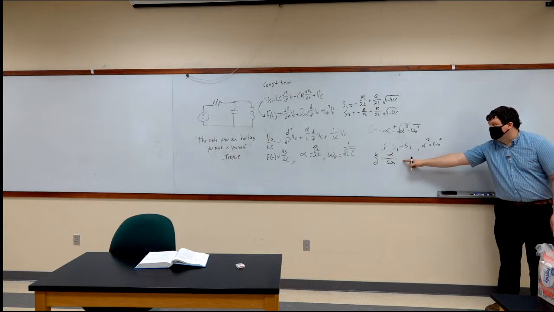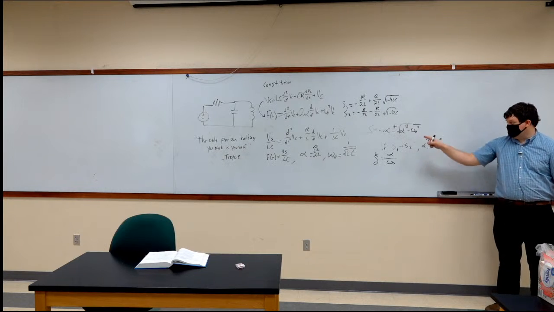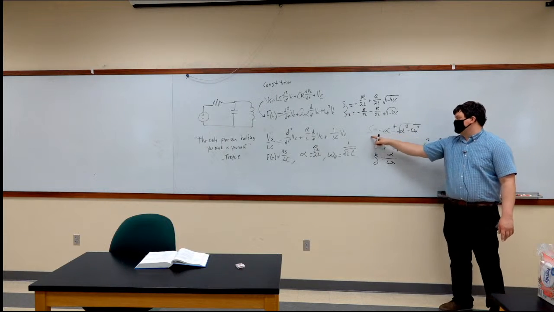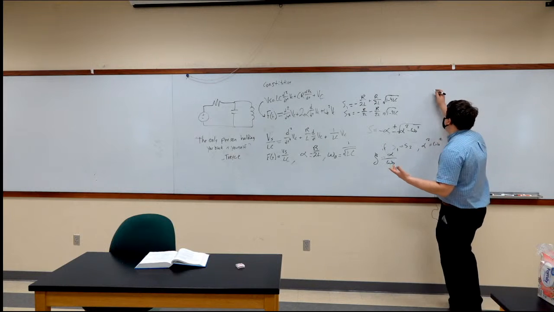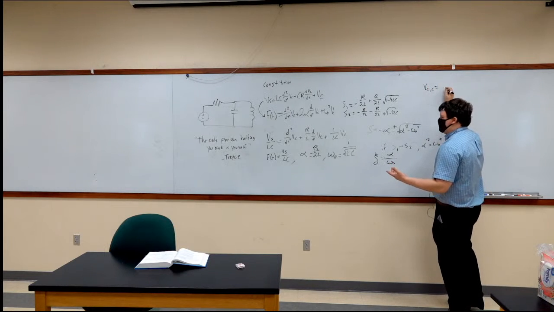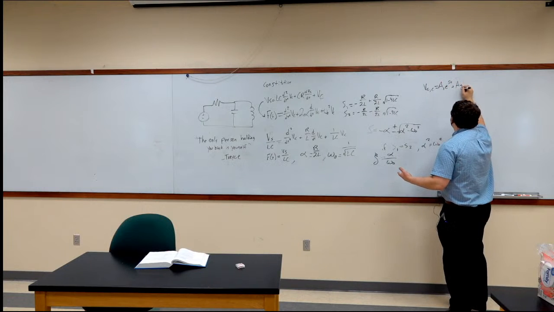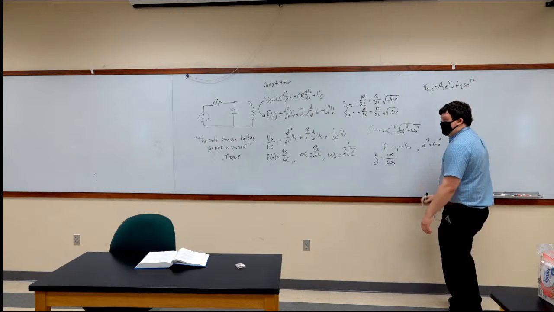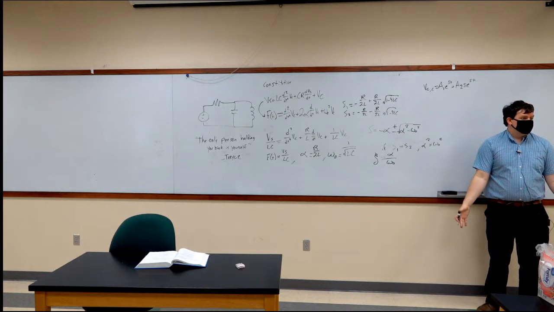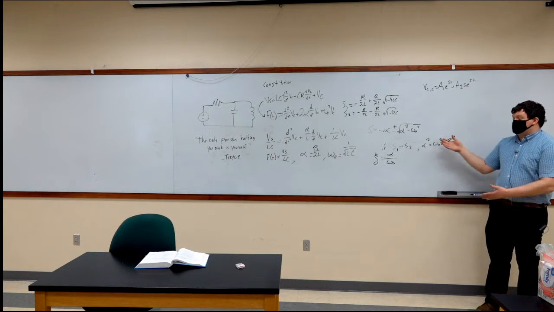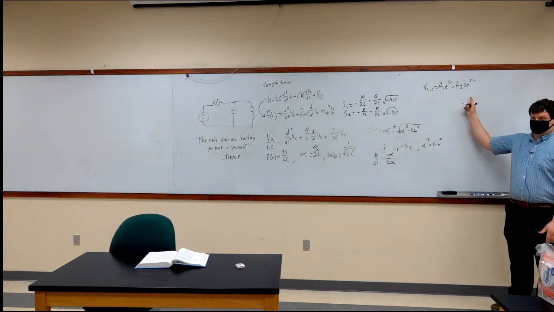If zeta is equal to 1, this blows up because it equals the square root of 0, and then S is equal to negative alpha, and your estimate solution for Vc is going to actually have to be A1 e to the st plus A2 t e to the st. Just because we have to have two solutions. And if S1 equals S2, we don't have two solutions. So we have to do this.